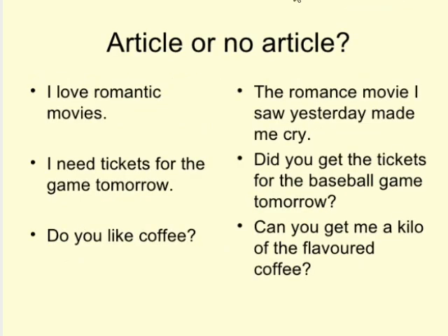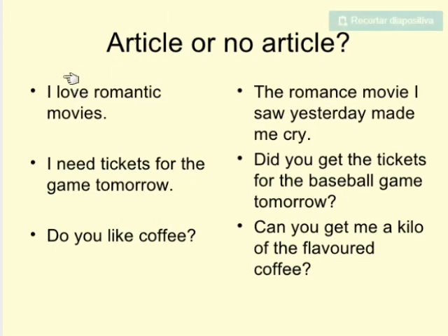Now, article or no article. We have some examples here. For instance, the first one says, I love romantic movies. I need tickets for the game tomorrow. Or do you like coffee? The romance movie I saw yesterday made me cry. It is a specific movie.